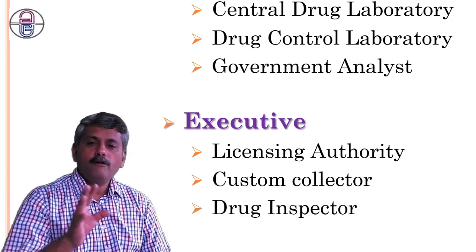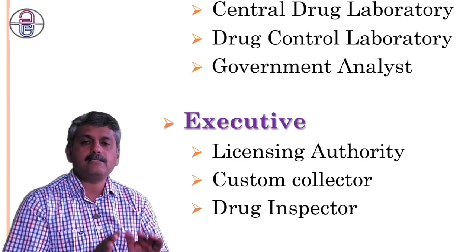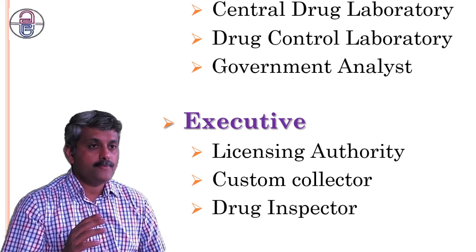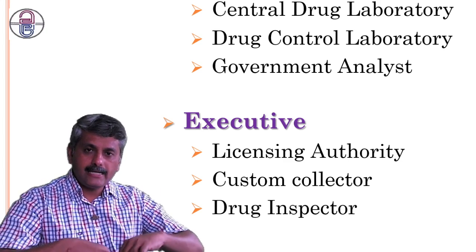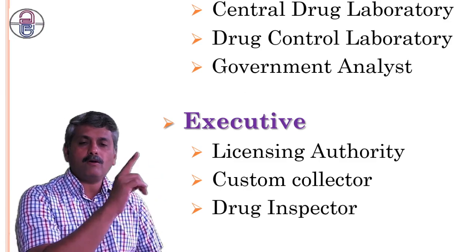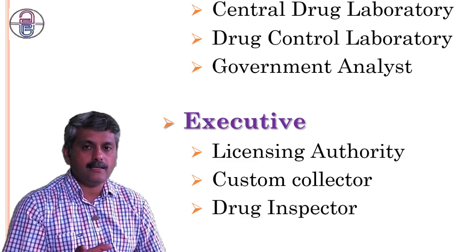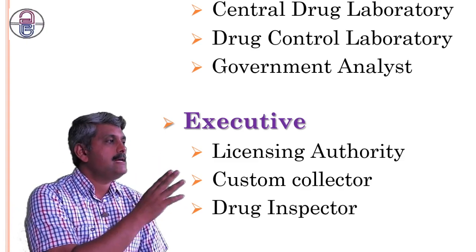And the Drug Inspector will check manufacturing, sale and distribution, whether these activities are performed as per the Act or not. So whatever the Act says theoretically is executed by these people. That's why we call it executive.